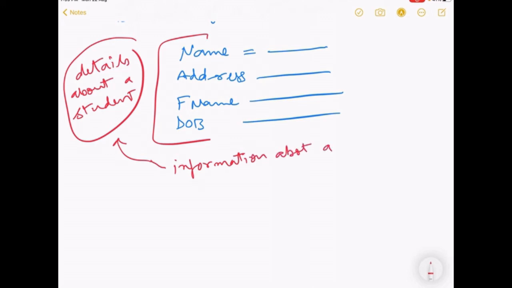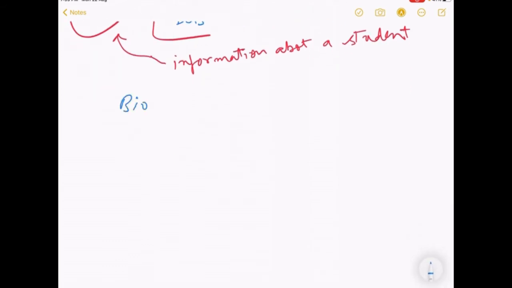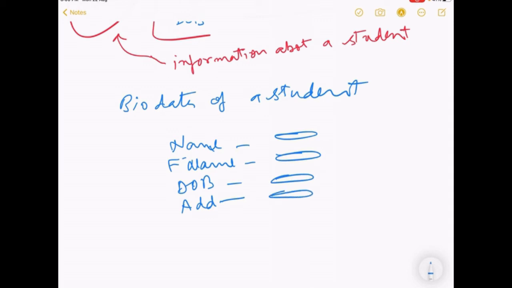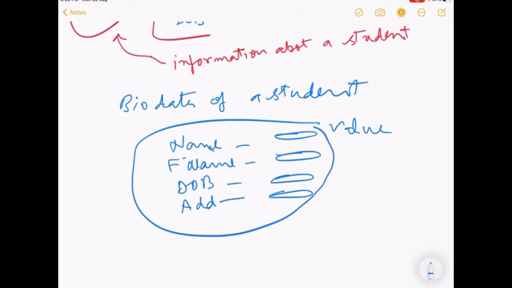About biodata of a student. Now, when I say biodata of a student, here we have name, father name, date of birth, and address, etc. In formal terminology we say it is data, and it is the value of data.